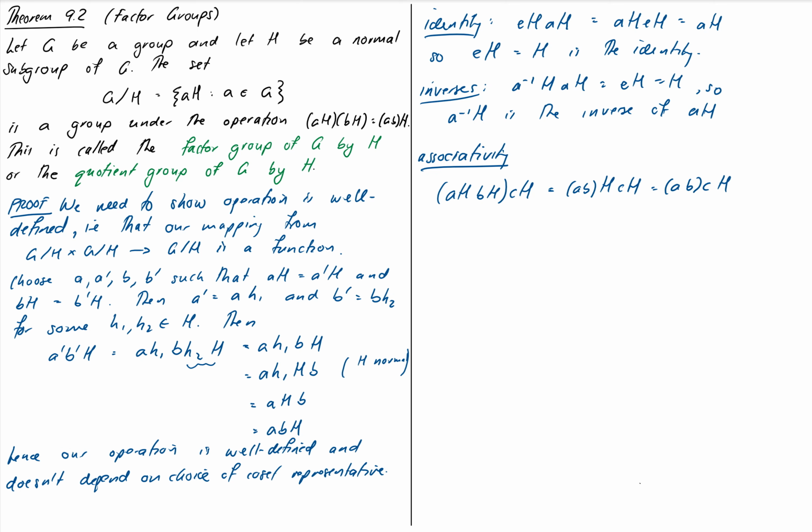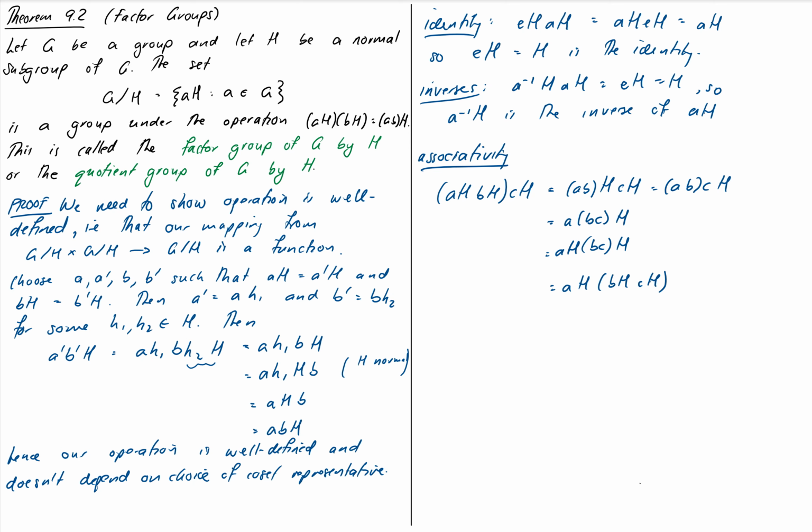Now we can use the associativity of the group G itself. It's going to be A times BCH, and then we can expand it out again, which will be AH times BCH, which will equal AH times BH times CH.